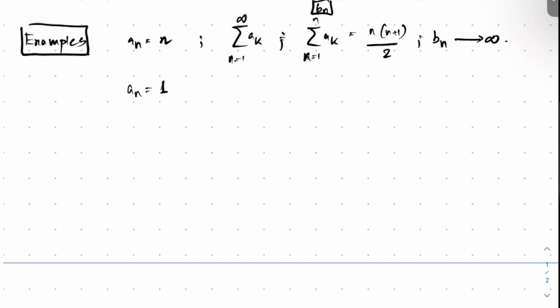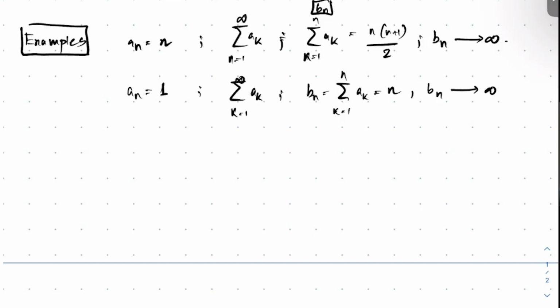If ak equals a for k from 1 to infinity, then bn, the sum of ak from k equals 1 to n, is equal to n times a. So you can also see here bn goes to infinity; it's increasing.